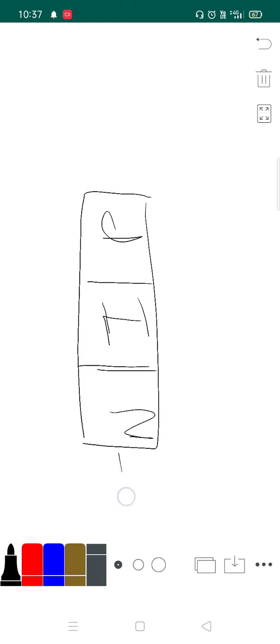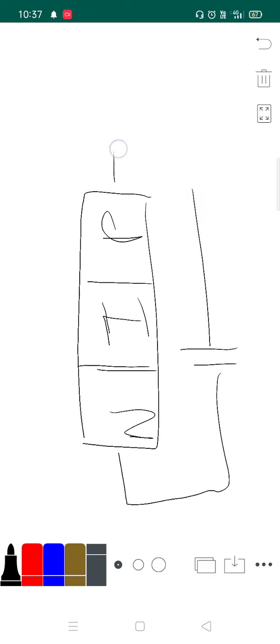So when we connect it in the reverse bias condition, there is a high concentration in the n-type region. The negative terminal of this battery is connected to the n-type region.